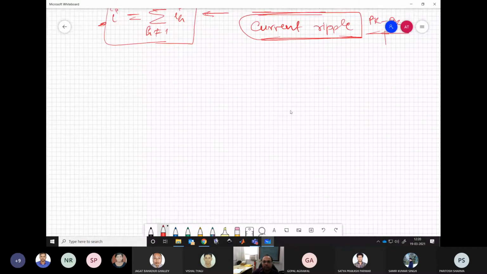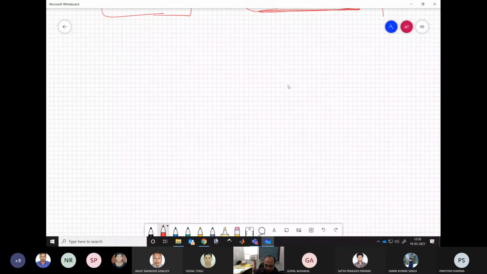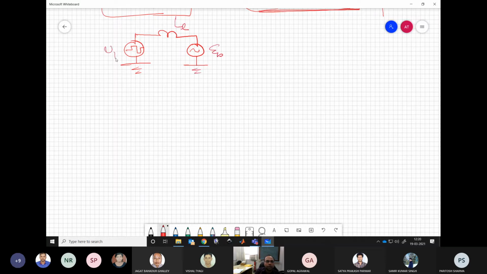What we have seen is that even in case of induction motor, the per phase equivalent system can be shown as this. And here is your total leakage coming in there. Now, all these components, let us say V or I, have some fundamental and some harmonic components.